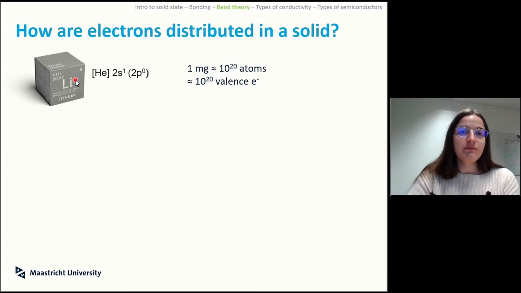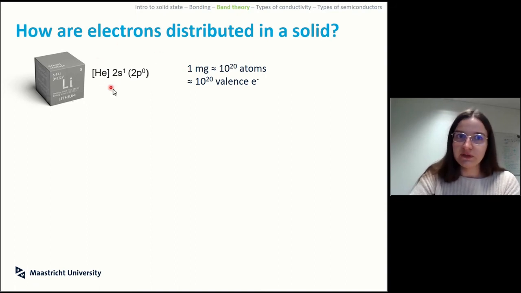Now, in 1 milligram of lithium, you have roughly 10 to the 20 atoms. If all the 10 to the 20 atoms have this type of electron configuration, it means that you have 10 to the 20 valence electrons.